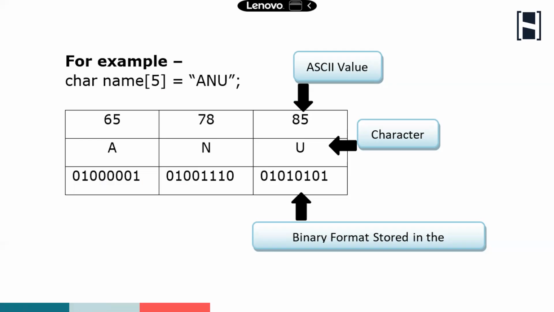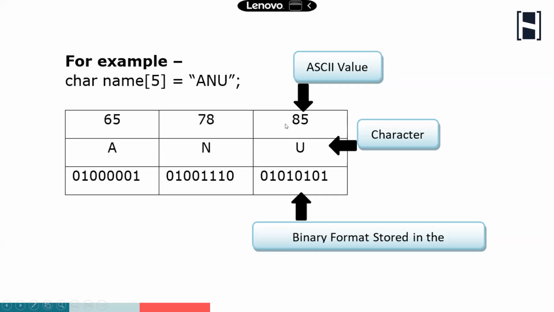The A has an equivalent ASCII number, 65. If I have a number, it is possible for me to convert it into zeros and ones. That is my binary. Yes, that is what is going to happen. So N has an equivalent ASCII value. U has an equivalent ASCII value. So each and every character present has an equivalent ASCII number.